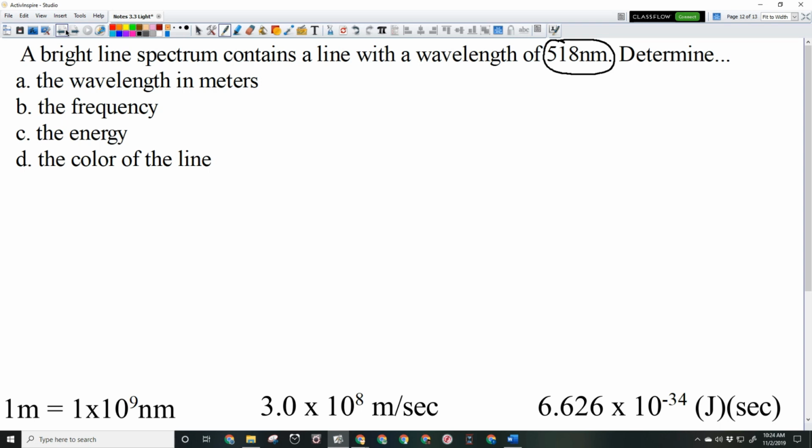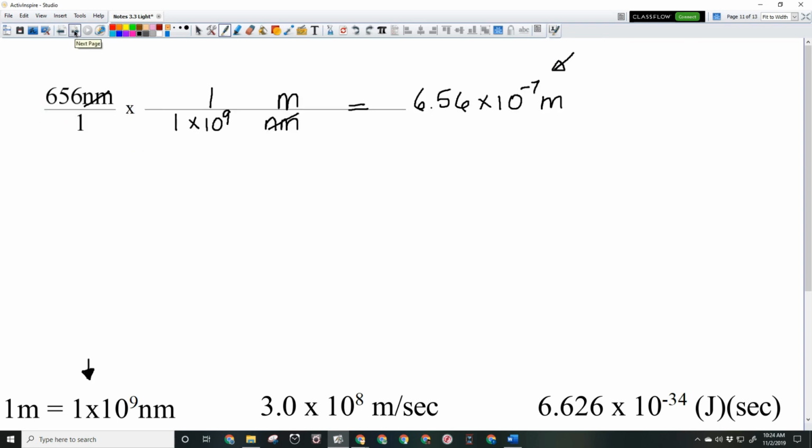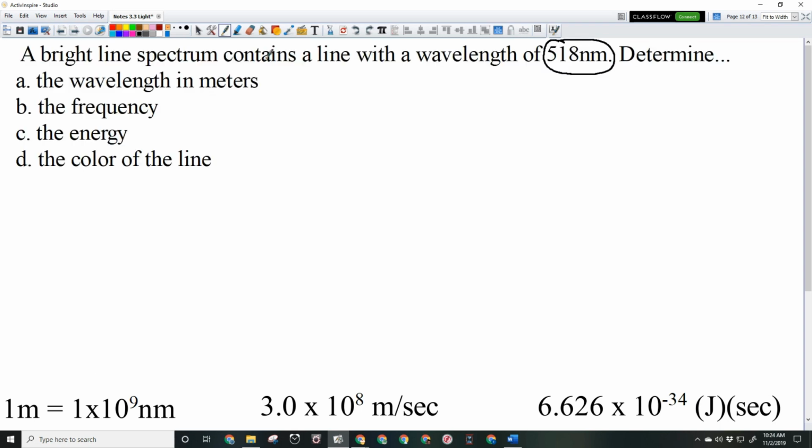This is the exact same calculation that I did here. I'm going to take this 518 nanometers and put it over 1. I want to get rid of nanometers, so I'm going to put that in the bottom.